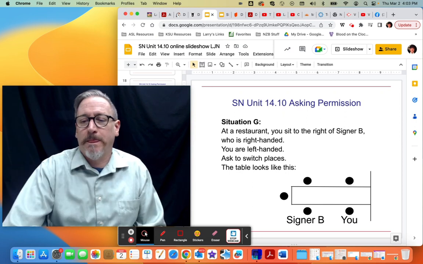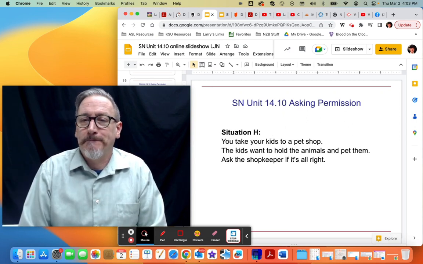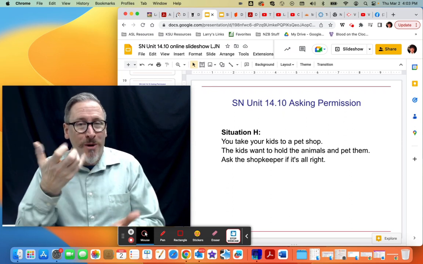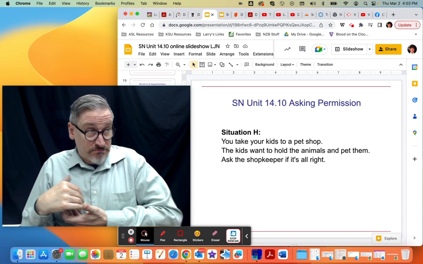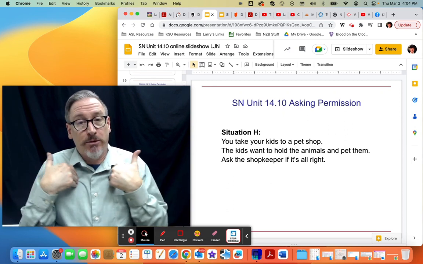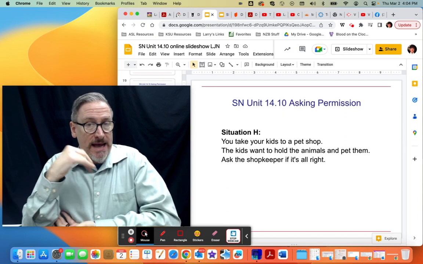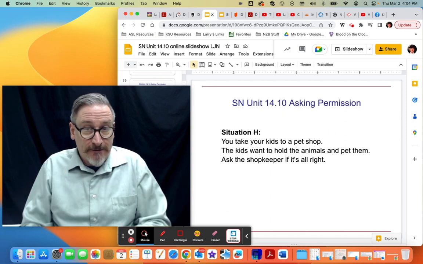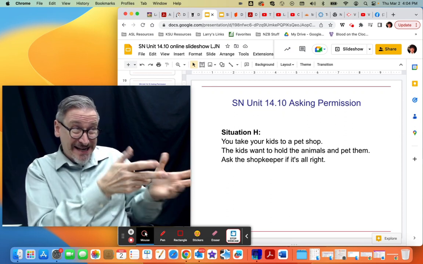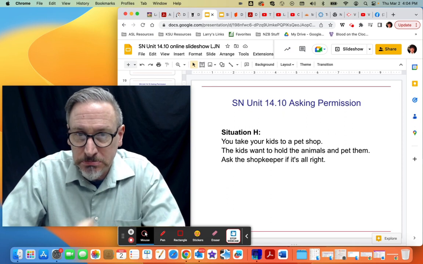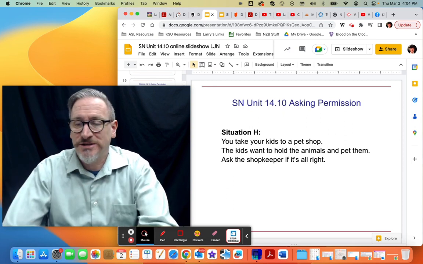Ugh. Animal or pet. Pet. So I'm just showing that I'm picking up the animal and holding it. Is that okay? Is that allowed? Definitely ask first. This is a venomous creature.